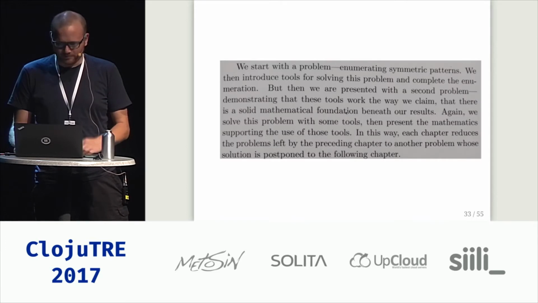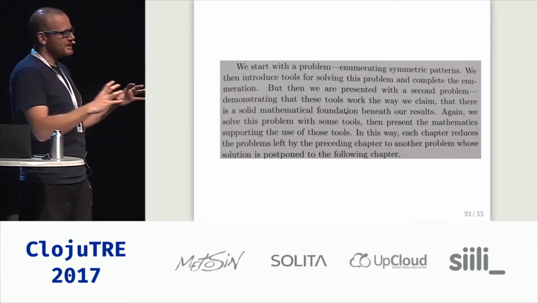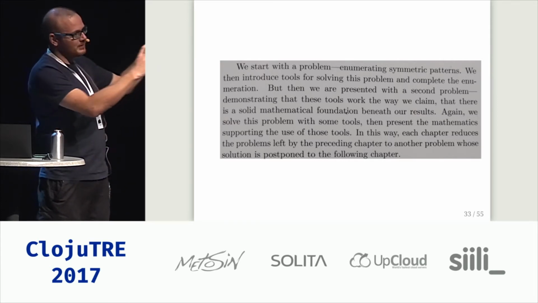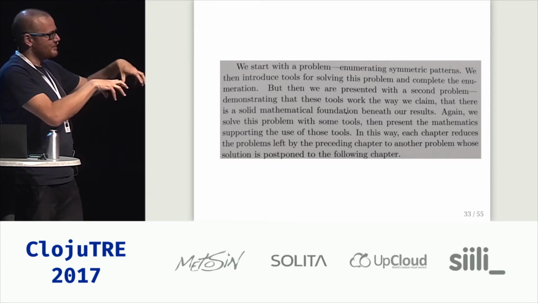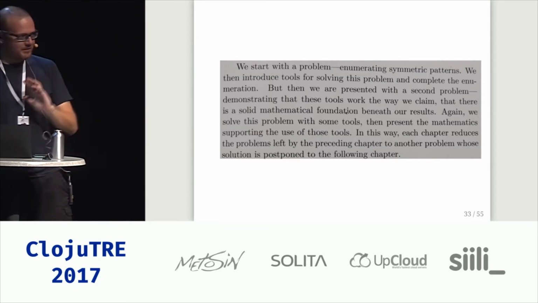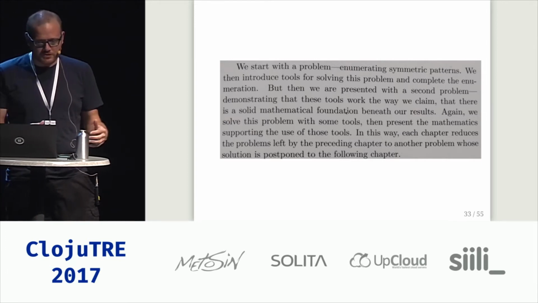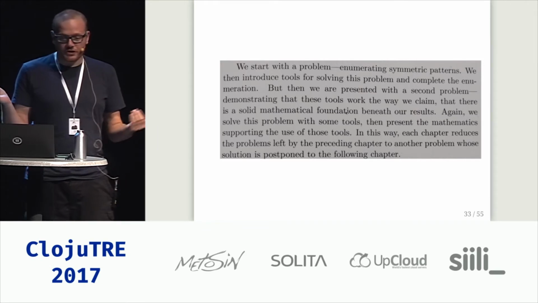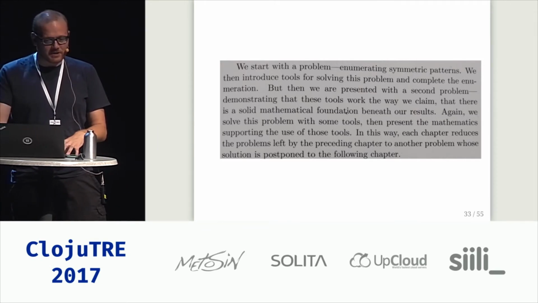And the structure of the book's quite interesting. Very often we have this idea that mathematics is an edifice of things that you build, and you layer on, building on things you've previously done. But this book flips the order a little. So it says, we start with a problem, we introduce tools, then we're presented with a second problem. Well, do the tools work? So we have to prove that there's a solid mathematical foundation behind them.